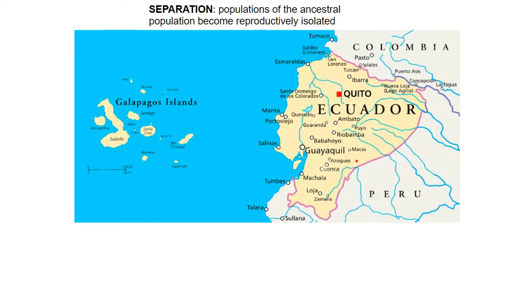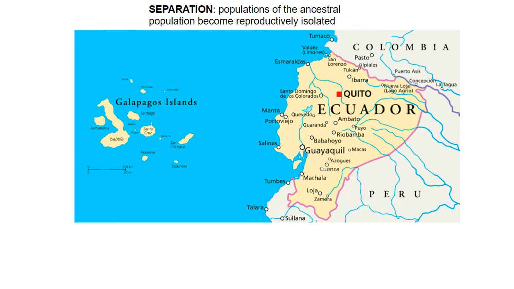So, first example, and again, this kind of goes into our Jeff Corwin video that we watched. First of all, we're going to have separation. So, if we are looking at the Galapagos Islands, which is what Darwin is famous for, we have some separation.